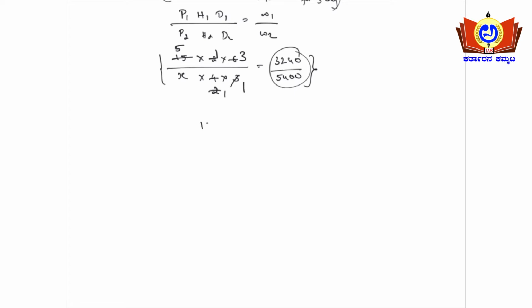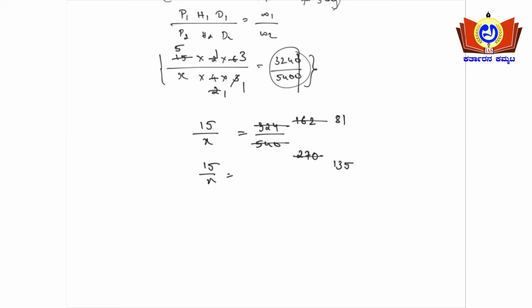So 15 divided by X will be, after cancelling the zeros, 324 divided by 540. Which table does it go in? 162, then 2, so 4 2 7 0, then it goes in 81.